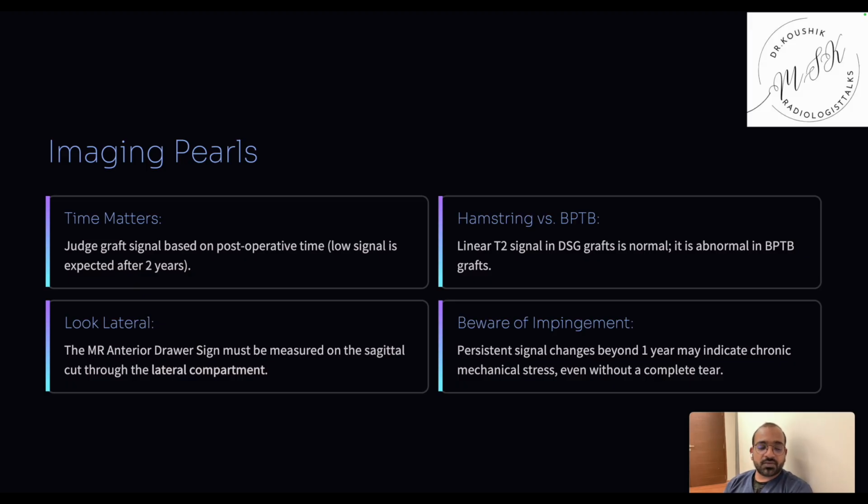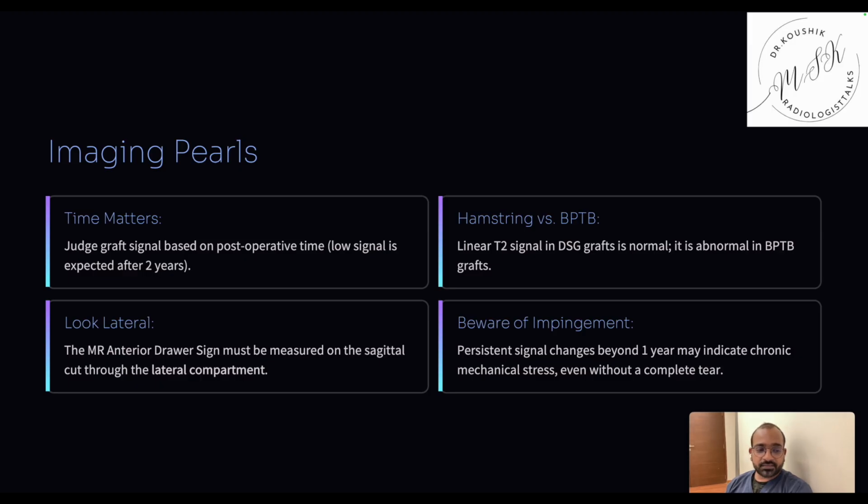So what we have to see: one is that time matters. The imaging pearl is to judge the graft signal based on post-operative time. Hamstring versus patellar bone-tendon-bone graft: usually a linear T2 signal in a hamstring graft is normal, which is abnormal in a patellar graft.